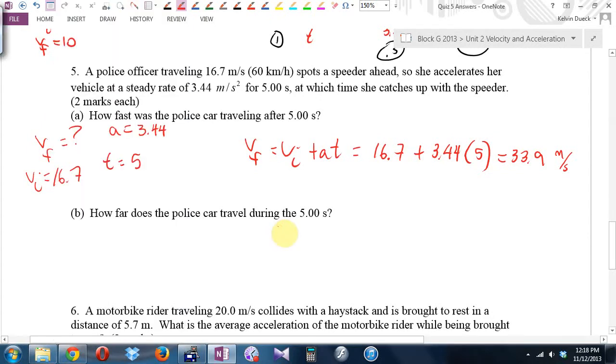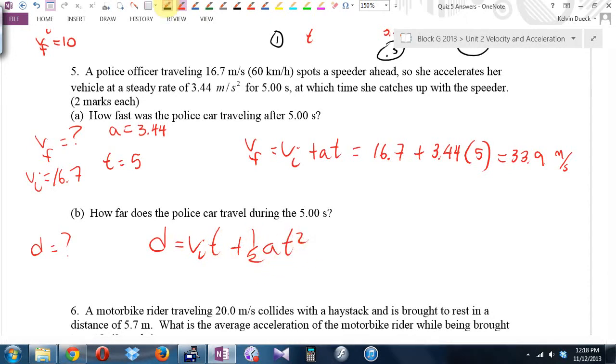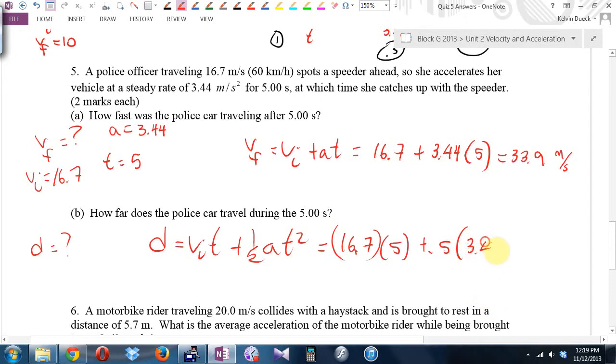How far does she travel? Okay. D equals, how about D equals VIT plus a half AT squared. I was going to cross out the VIT. Not this time, Mr. Dueck. VI is 16.7. T is 5 plus a half 3.44 times 5 squared.